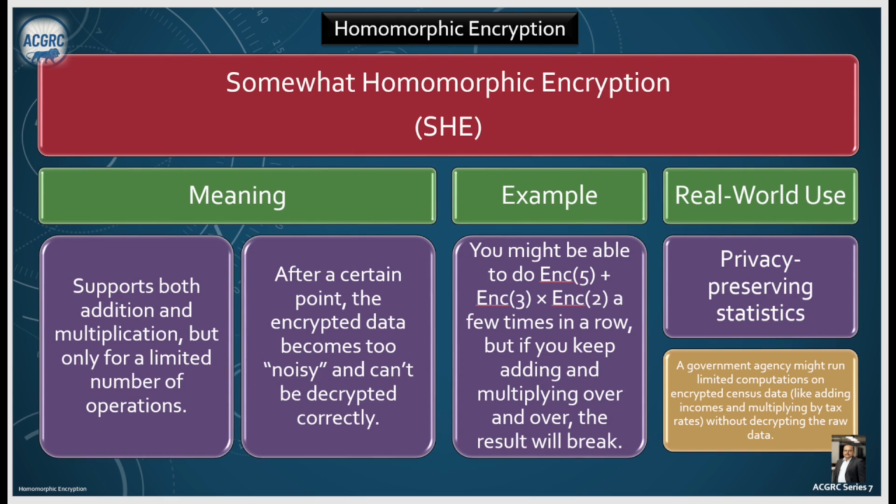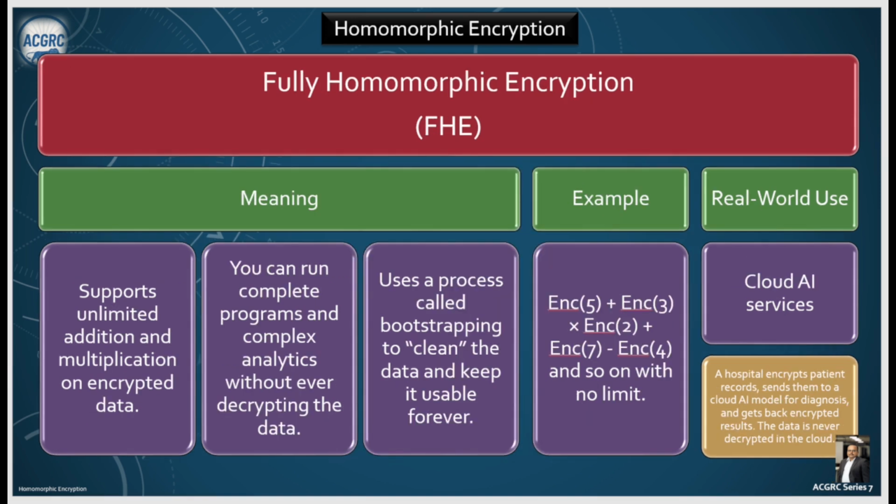After a certain point, it will become noisy and you can't decrypt it. But in FHE, you can do that multiple times over time because bootstrapping cleans out the noise, helping it to keep it reasonably okay so that you get reasonably accurate information. Example, you can do an addition, you can do a multiplication, then you can add it, then you can minus it, and so on with no limits.